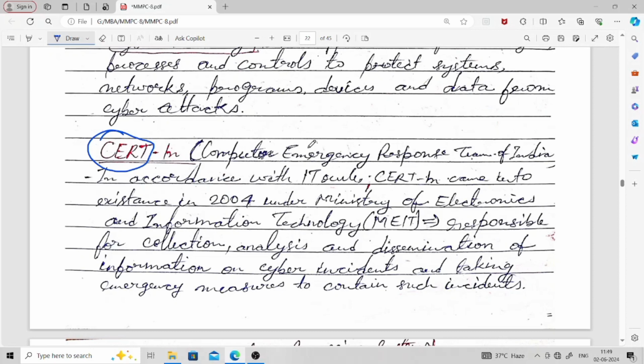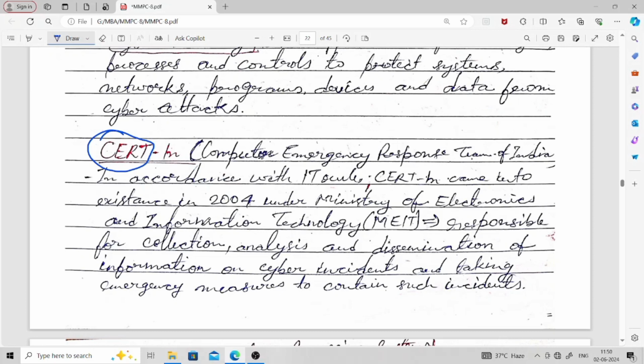That information is analyzed and accordingly disseminated to the people who may be at risk of such crimes. It also takes emergency measures to contain such incidents.